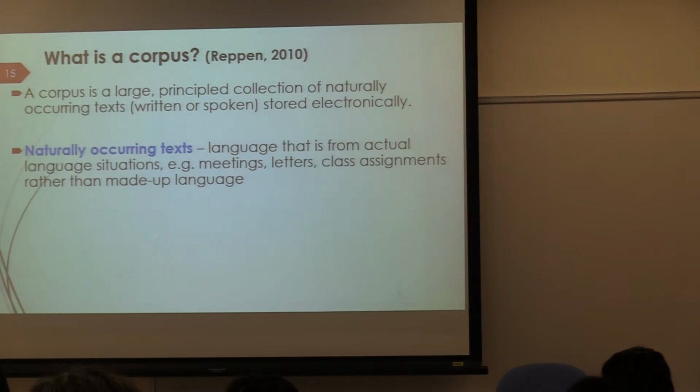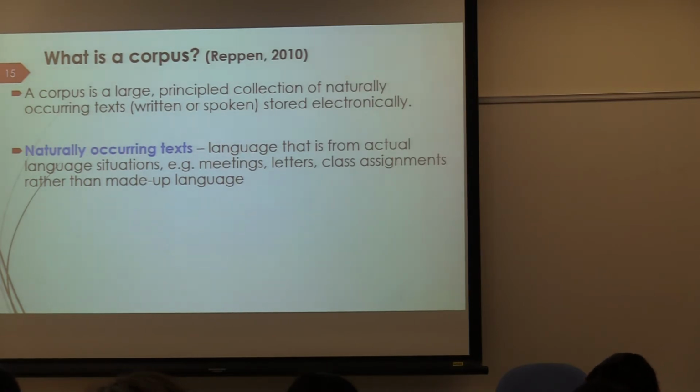So it's naturally occurring. That means these texts are authentic. It can be meeting notes, letters, class assignments, student errors, learners' English, media English, and so on. So they are not made-up language, unlike your textbooks.